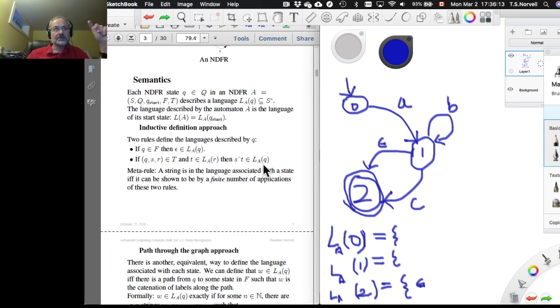Okay? So using what we know so far, which is only that epsilon is in the language of state 2, what can I learn?